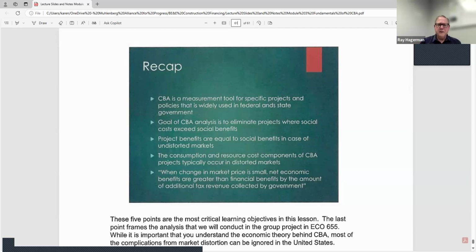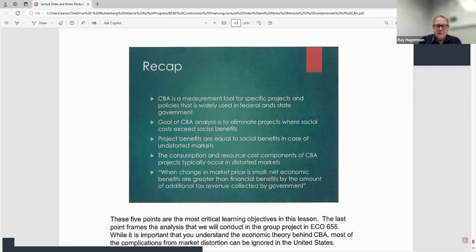So you want to eliminate those projects where the social cost far exceeds any benefits socially that you're going to get. Project benefits are equal to social benefits in the case of undistorted markets.